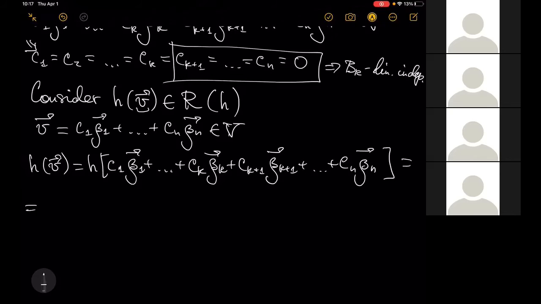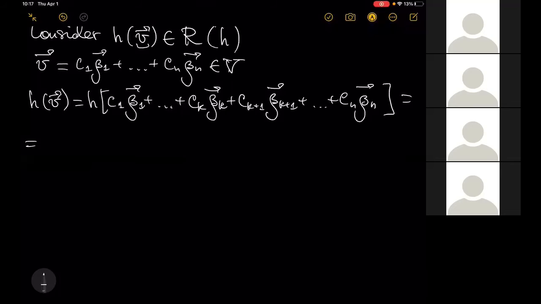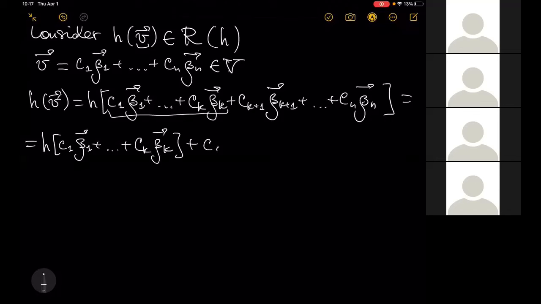Now I will leave this as is, and I will use linearity for everything else.